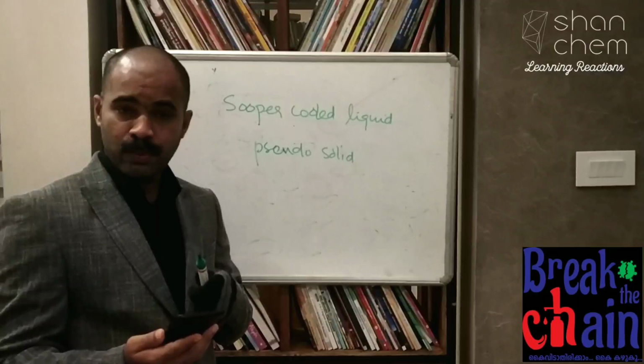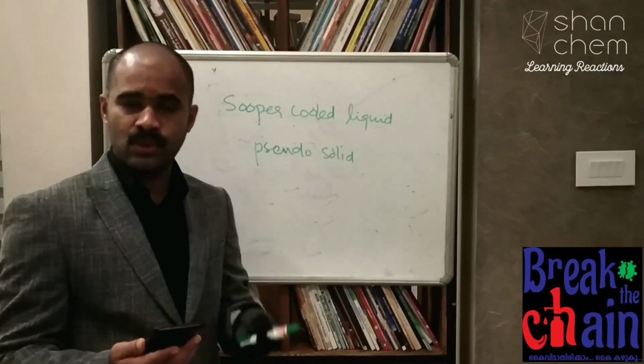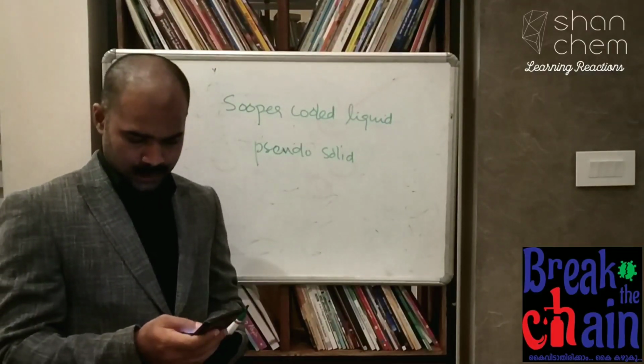That is the cleavage property: when we cut an amorphous solid, we get an irregular edge. That is the answer.